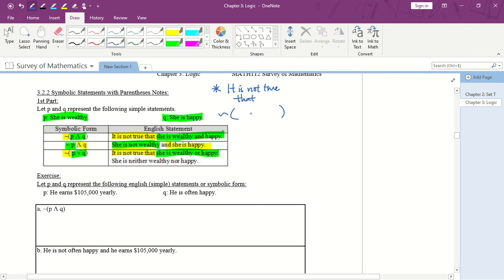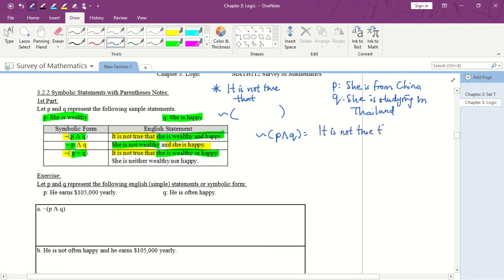Okay, so let's give an example here too. I say P again, she is from China, and Q, she is studying in Thailand. So if I want to put negation of P and Q, look here, always when we have a negation with the parenthesis, we will say it is not true that, then P and Q. What is P and Q?